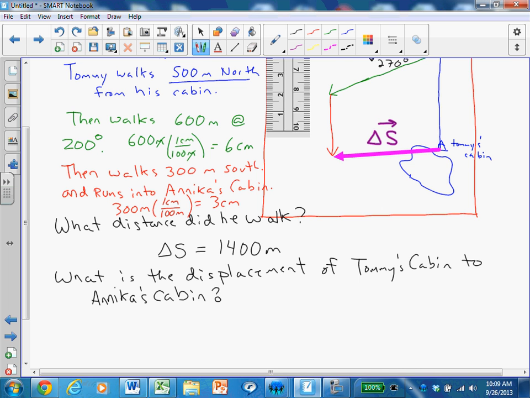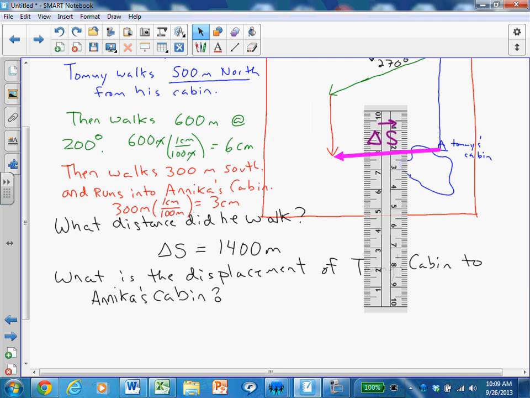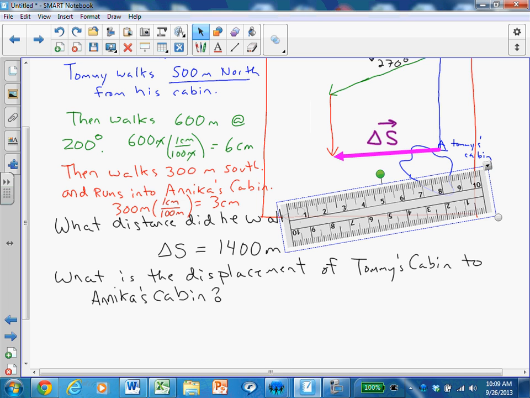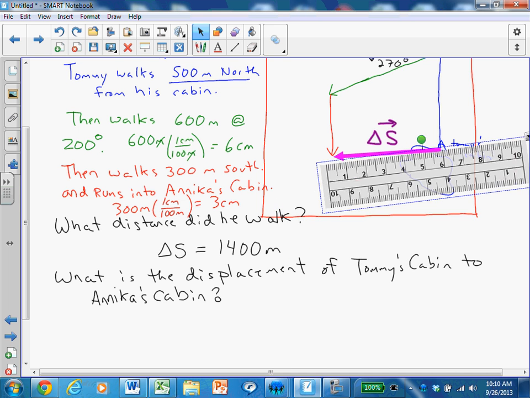Okay? So now we have to find this displacement. To get that, what do I have to do? Where's the displacement on the graph? It's the resultant, the pink arrow, right? From Tommy's cabin to Annika's. And so we're going to measure it. We're going to get its centimeters first to get its magnitude.